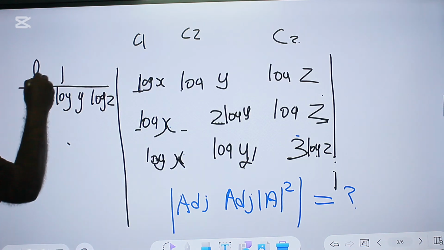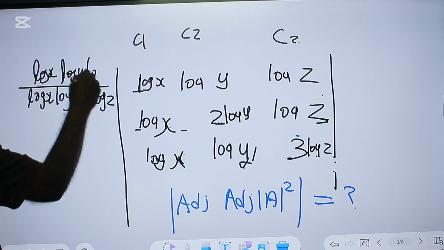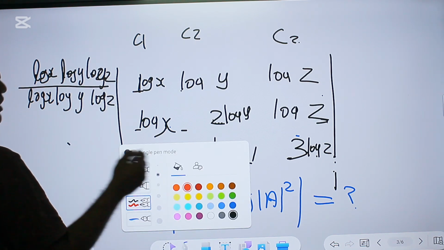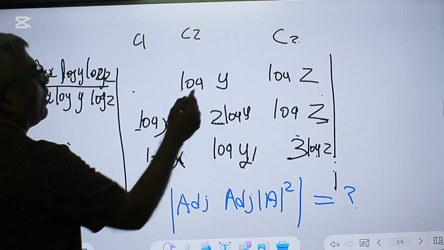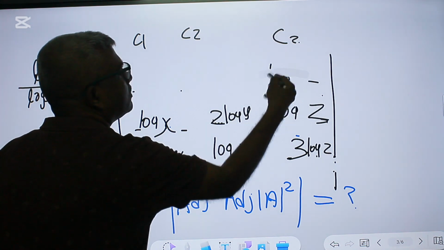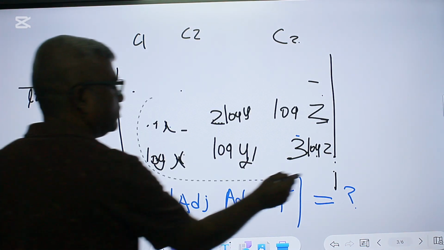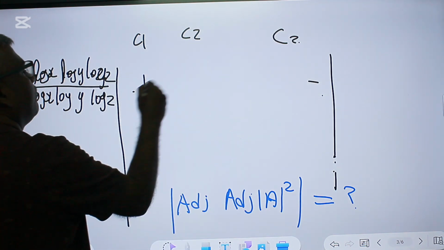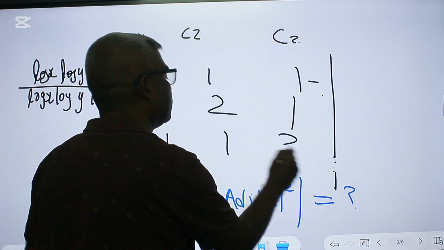Then what will come? It will be the determinant 1, 1, 1, 1, 2, 1, 1, 1, 3.